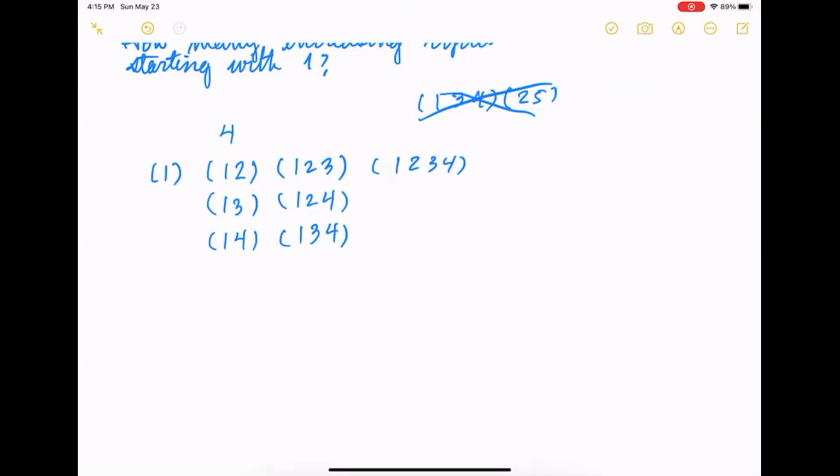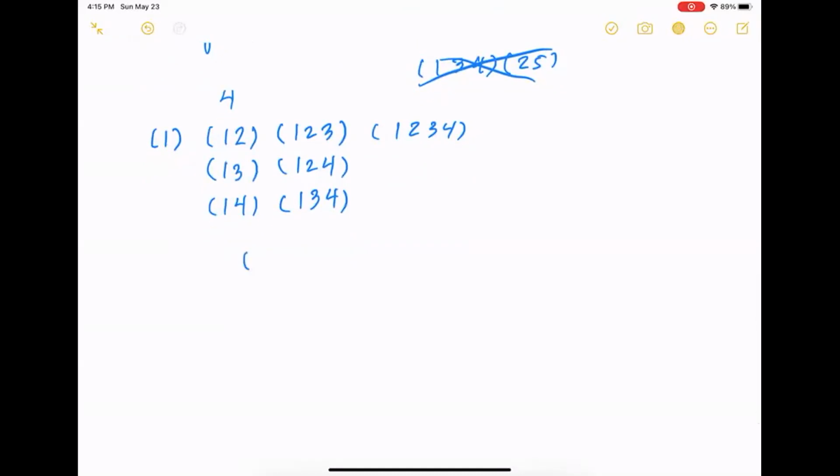The cycle doesn't contain 4, exactly. And so let's try to write all of the cycles that contain 4 on one side and all of the ones that don't on the other.